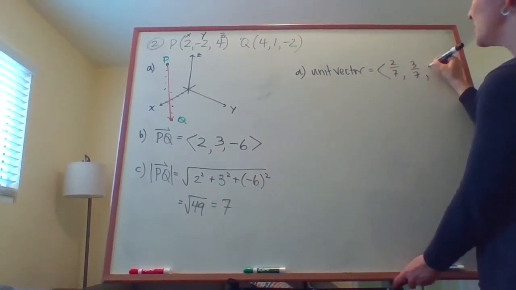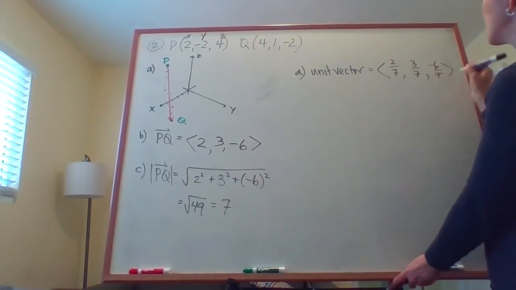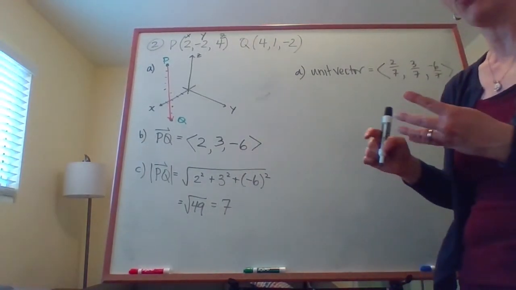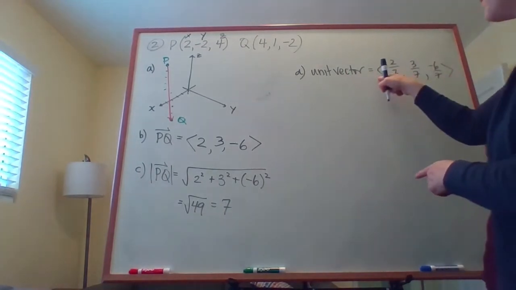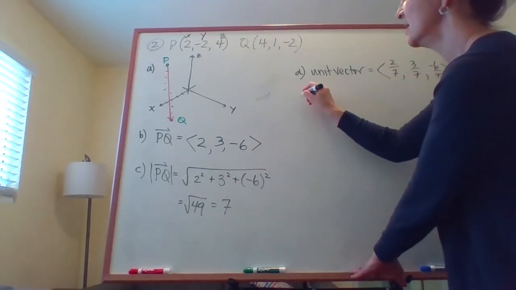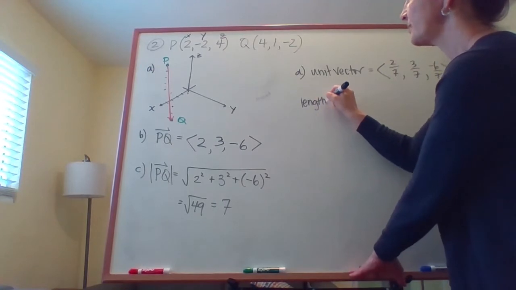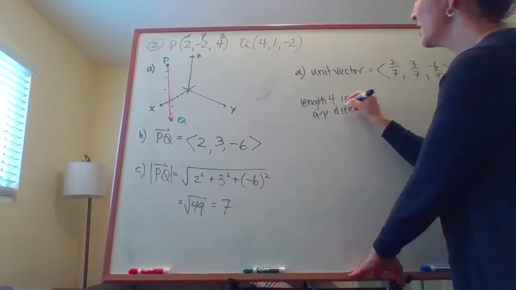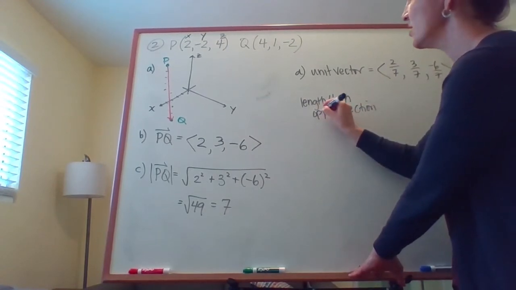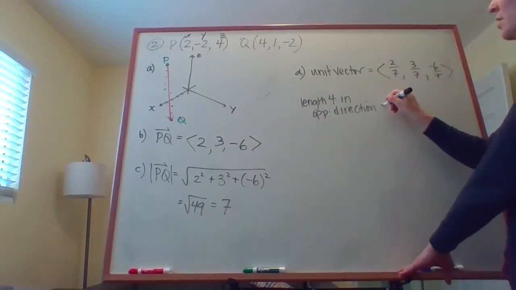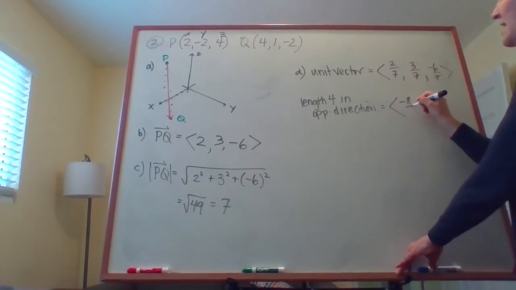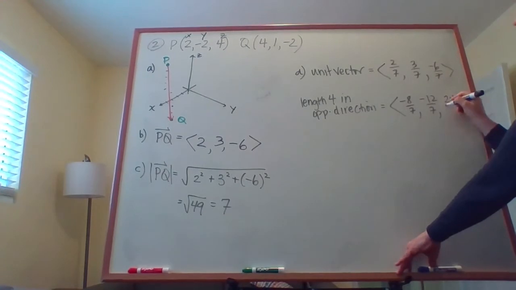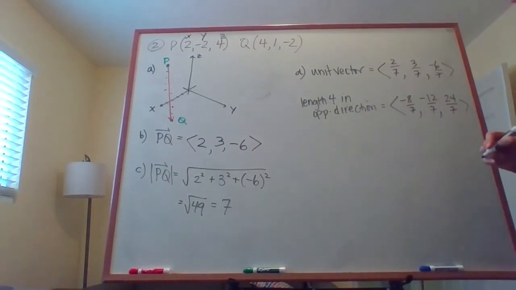So 2/7, 3/7, -6/7 would be my unit vector, but that has length 1. I want something with length 4 in the opposite direction, so I'm going to multiply everything here by -4. So that's going to be -8/7, -12/7, and +24/7. And that's what I was looking for in D.